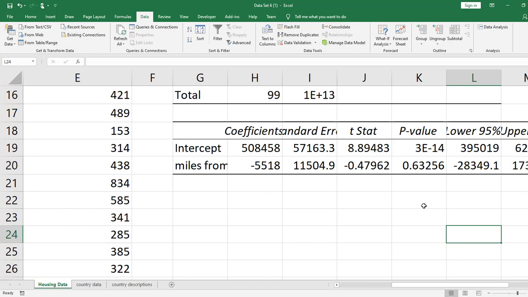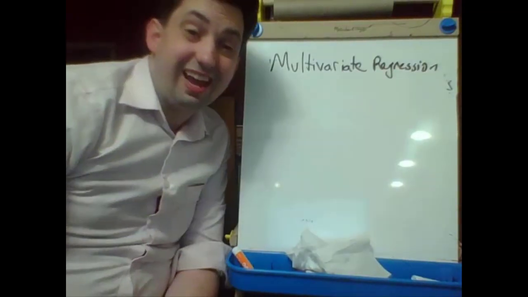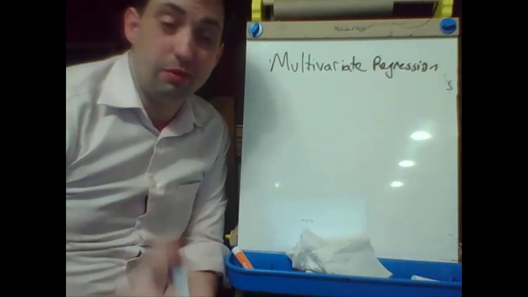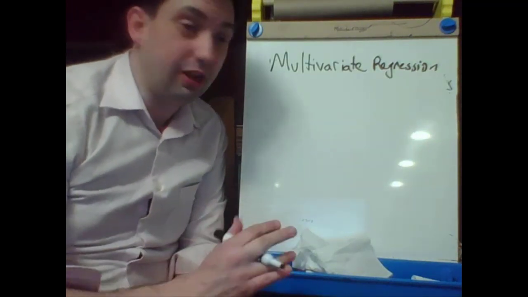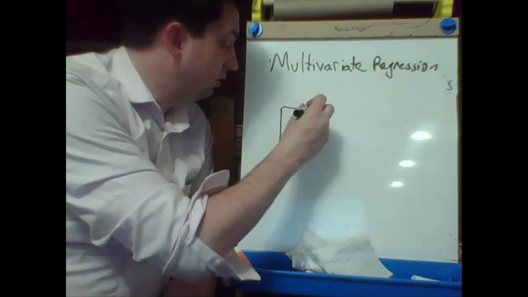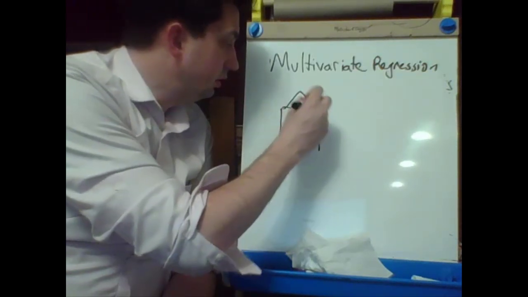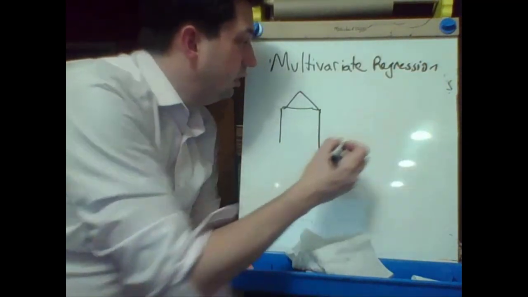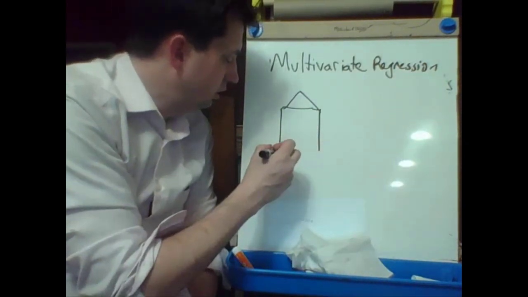Here's what's going on. When we say as houses get farther away from the city, they get cheaper, that makes sense, right? If this house is located in the middle of nowhere versus this one.